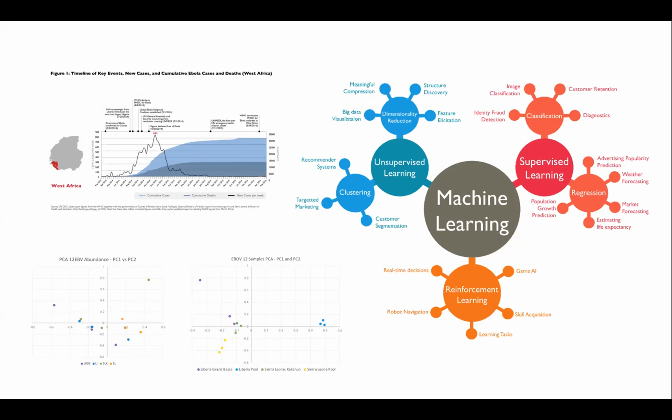So we'll look at that example project, we'll look at machine learning techniques in the context of that project, and as you can see here, machine learning, of course, has a variety of applications and a variety of topics that will be covered inside of this broad topic of machine learning.